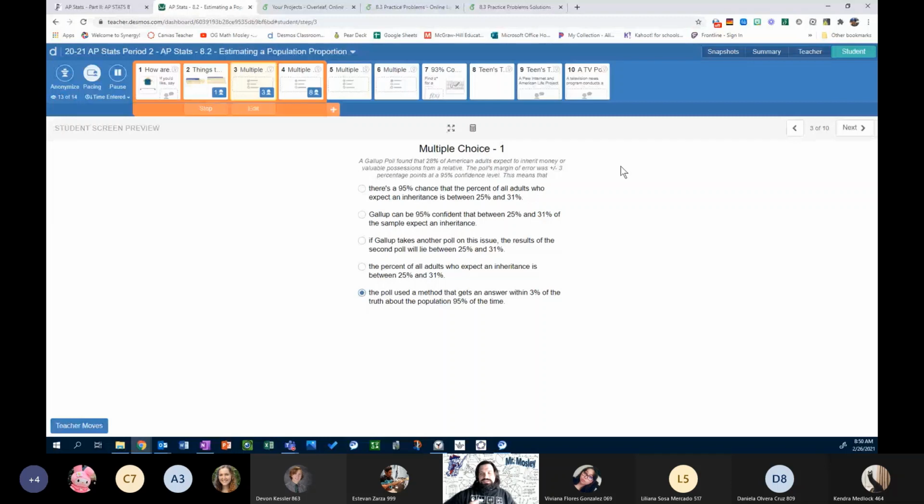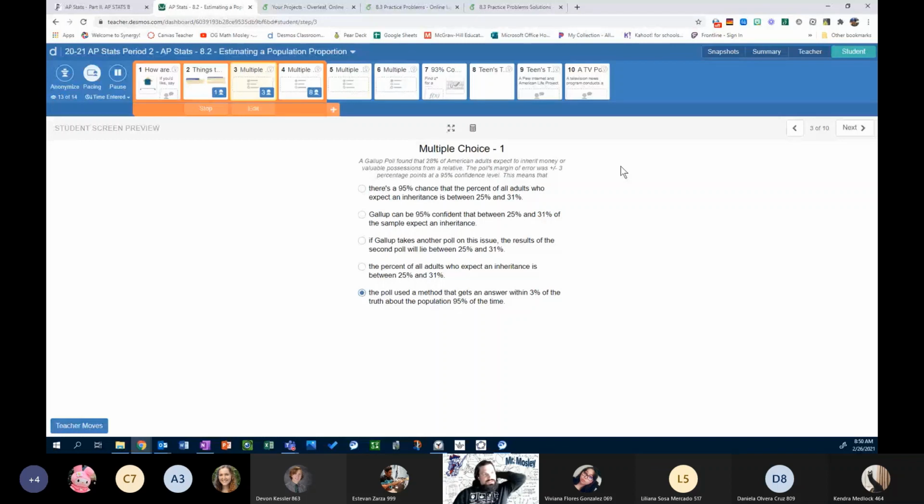The confidence level says that if I repeat this sampling over and over again, the resulting intervals from my samples will capture the true parameter, whatever percentage amount of the time. Our margin of error was plus or minus 3 percentage points at a 95% confidence level, meaning that if I repeated this sampling method many times, I'll get within 3% of the true proportion 95% of the time.